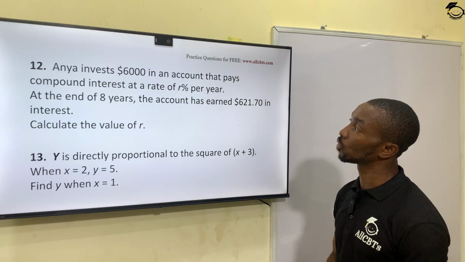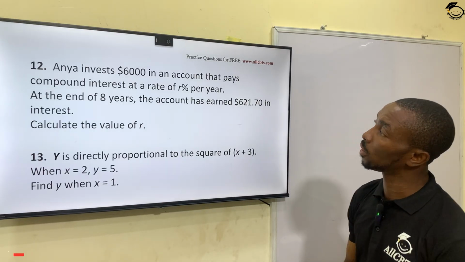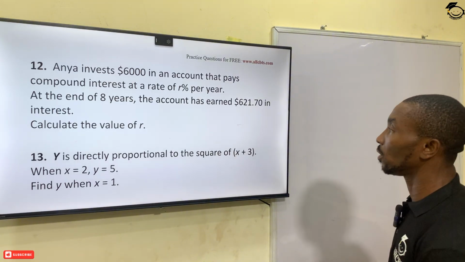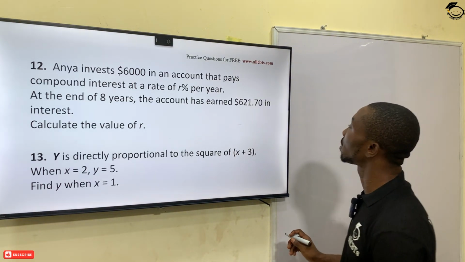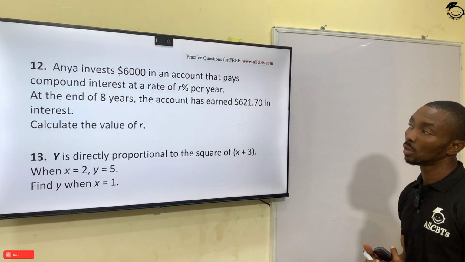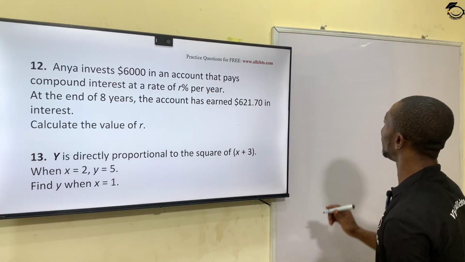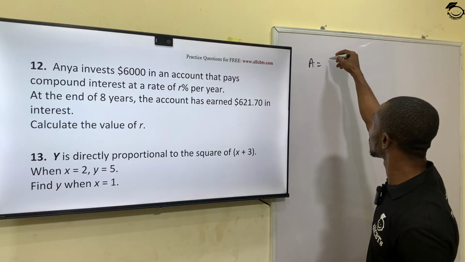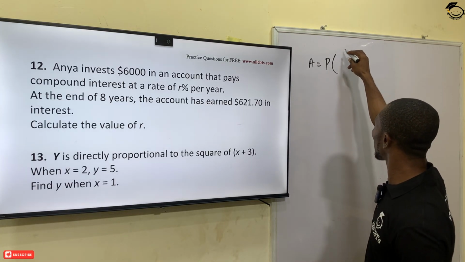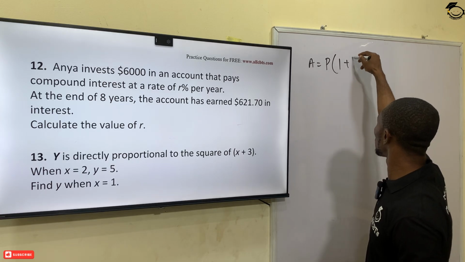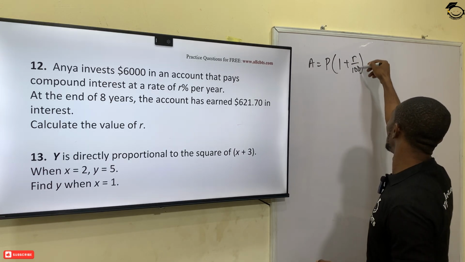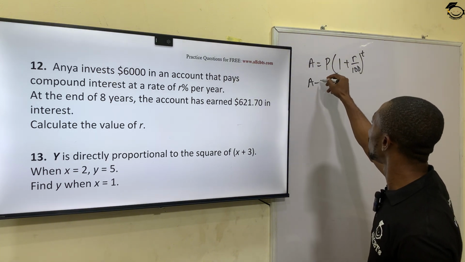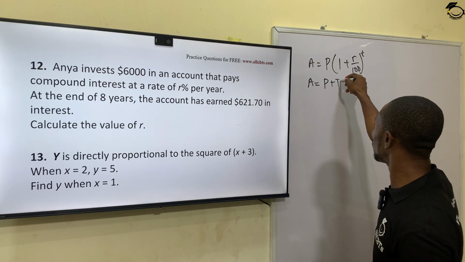Aya invests 6,000 in an account that pays compound interest at a rate of R% per year. At the end of 8 years, the account has earned 621.7 in interest. Calculate the value of R. Now, for compound interest, we have amount equals principal, bracket open, 1 plus rate over 100, all raised to the time t, where amount is principal plus interest.